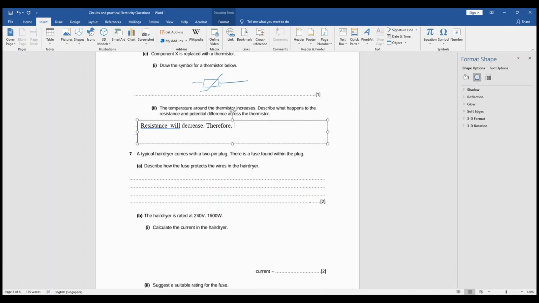Therefore, potential difference will decrease.